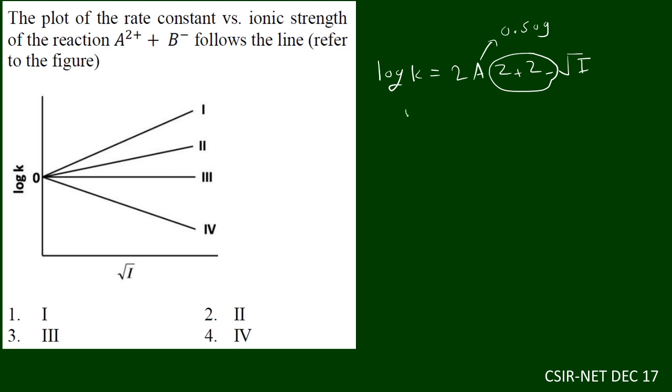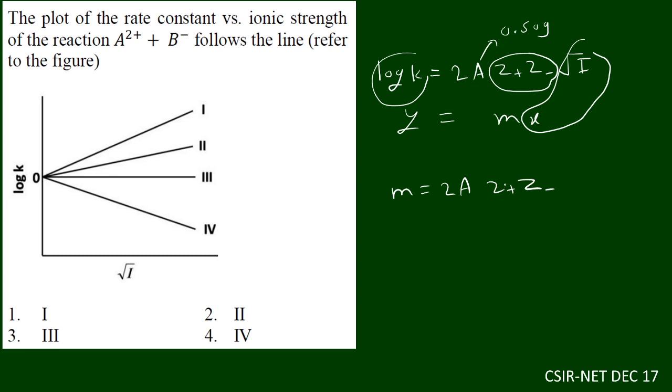The graph is like y is equal to mx, where the y-axis is log k and the x-axis is root I. Therefore the slope becomes 2A into Z plus into Z minus. The direction of the slope line depends on these charges. Here the quantity 2A is positive, and Z plus into Z minus is 2 into minus 1, which is minus 2.